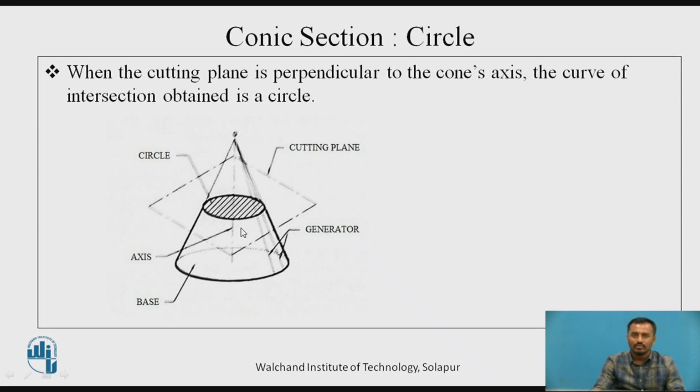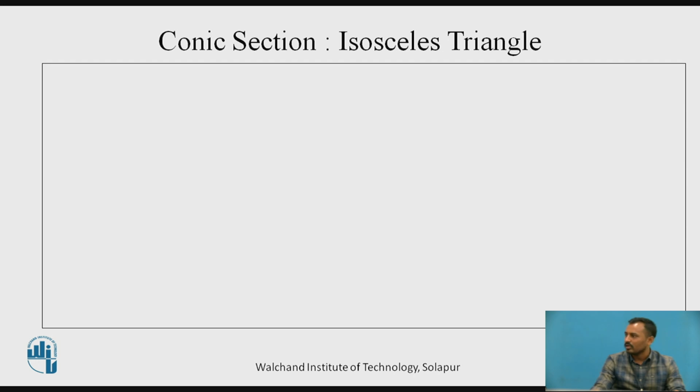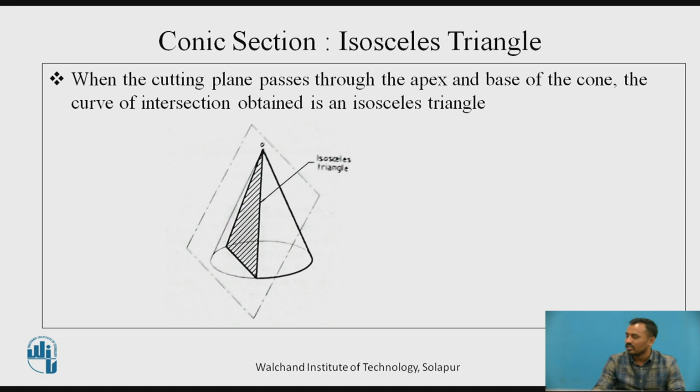After this, we are going to see when the cutting plane is parallel to the axis of a cone and passes through the vertex of that cone. In that case, the section generated is an isosceles triangle. Let's see this in graphical form.